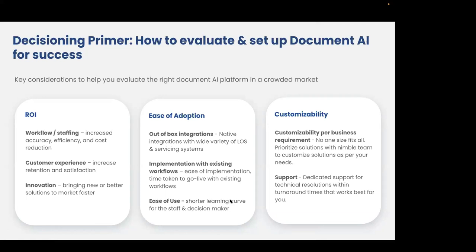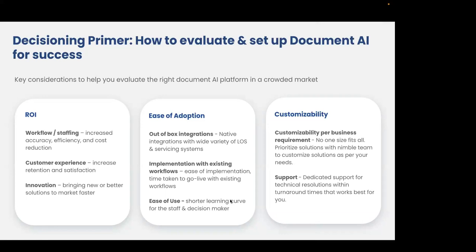Technology, evaluating the solution, including its ability to handle, in the case of Document AI, different document types, integrating with your existing systems, workflows, things of that nature, right? And then the other very important thing in my mind is looking at the customizability and the training capabilities as well, right?